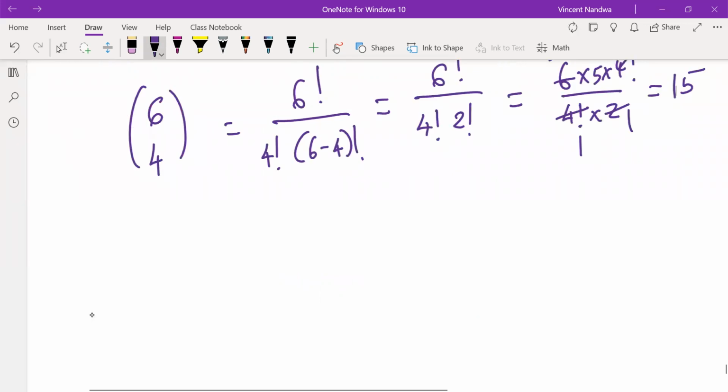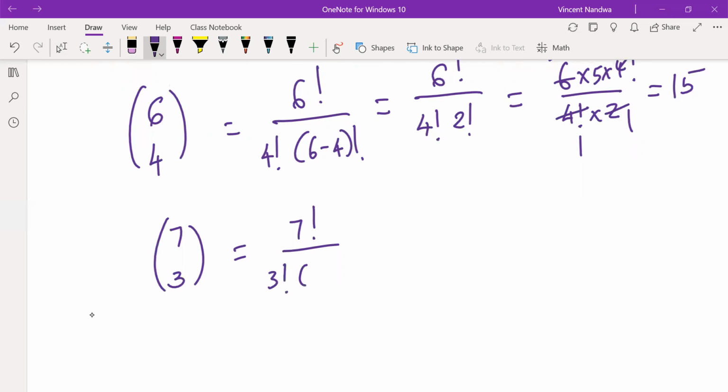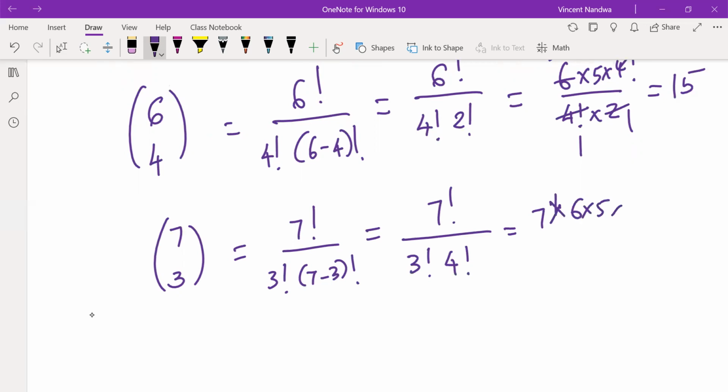If you're asked to define 7 combination 3, it will be 7 factorial over 3 factorial times 7 minus 3 factorial, which will be 7 factorial over 3 factorial times 4 factorial. So 7 times 6 times 5 times 4 factorial over 3 times 2 times 1 times 4 factorial.